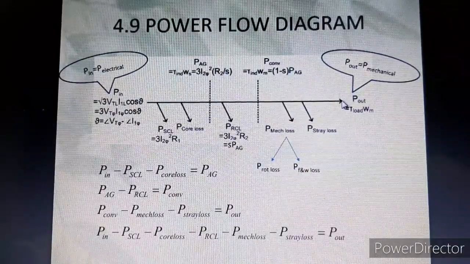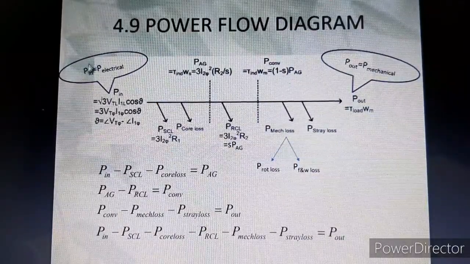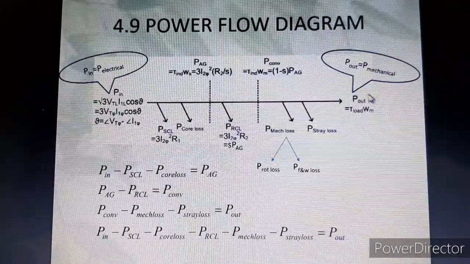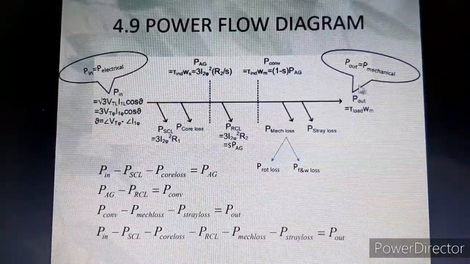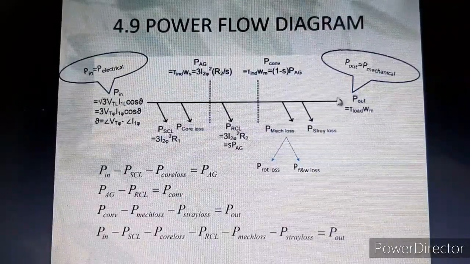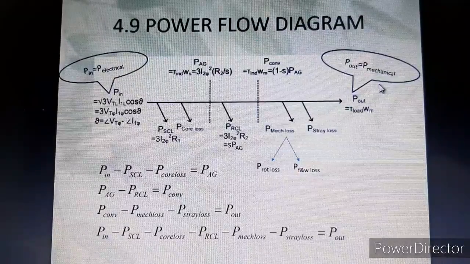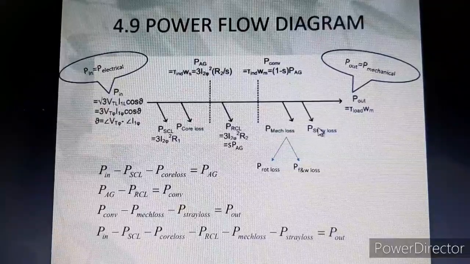That is your P out, 90 watt. Instead of converting 100 watt into mechanical power, the output power delivered to your load is only 90 watt. That is what the power flow tells you.